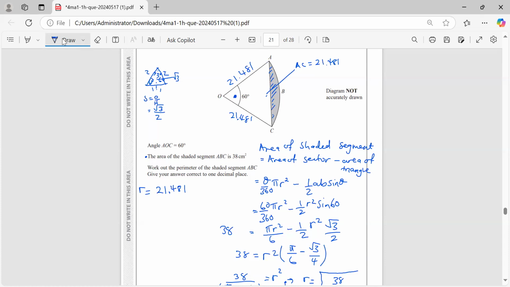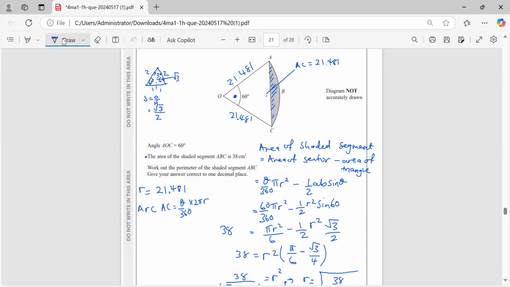To find arc AC, it's theta over 360 times 2 pi R. So that's going to give you the arc of AC.